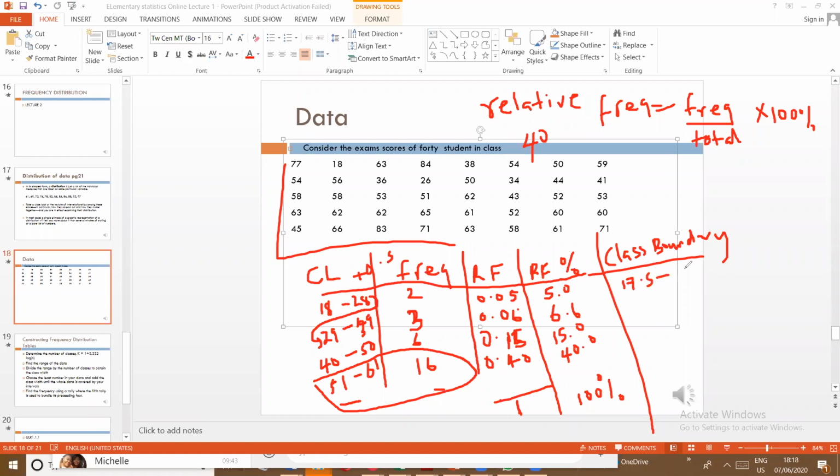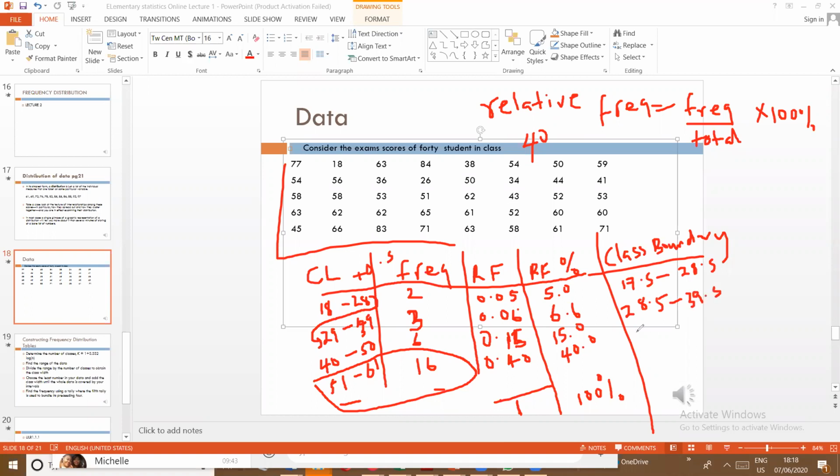to 28.5. You get to the next class, like we said, they share a common limit. So it's 28.5 to what? 39.5.